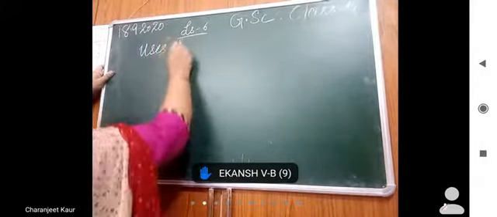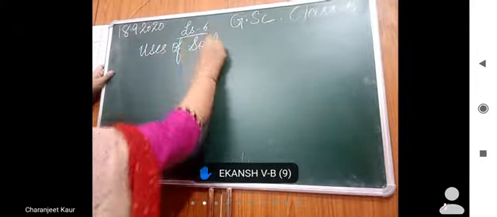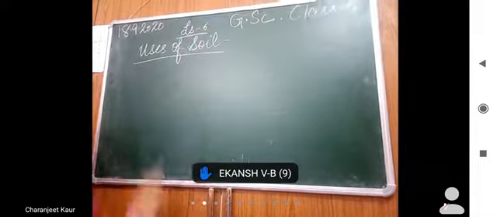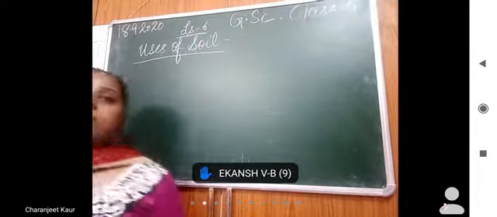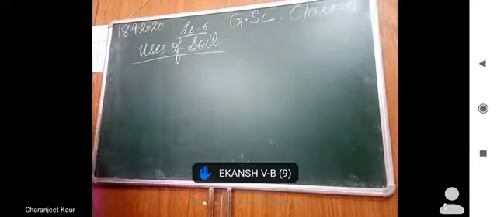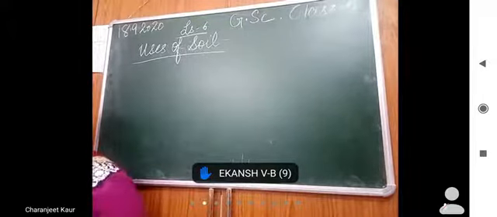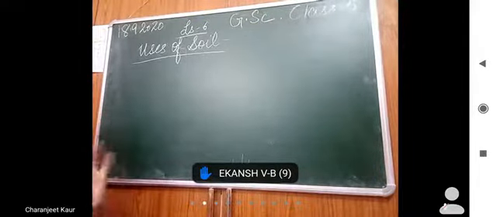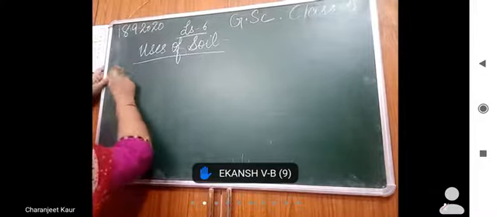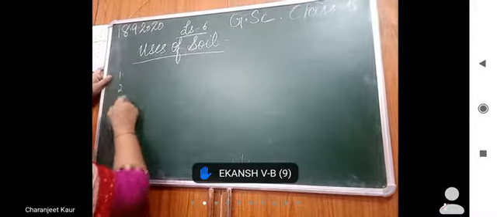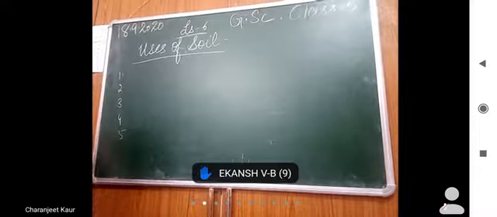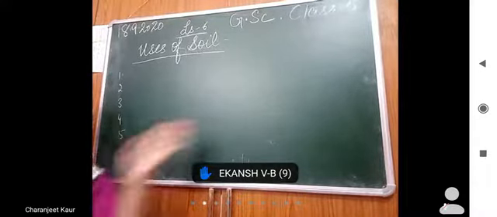Uses of soil. It is very important. What are the uses of soil? First use you all know. Plants are grown in soil, which give us food. Hope you can write it all because it is given in your book, so I need not write.